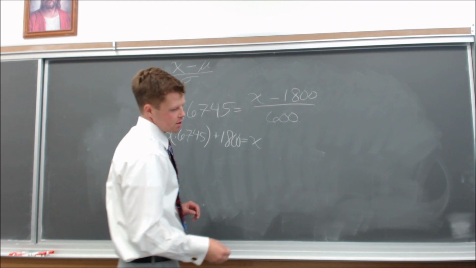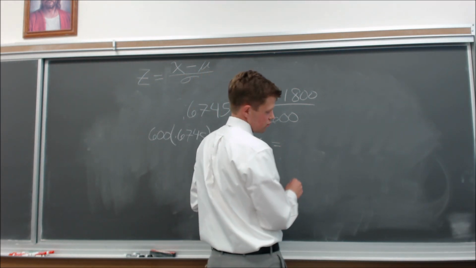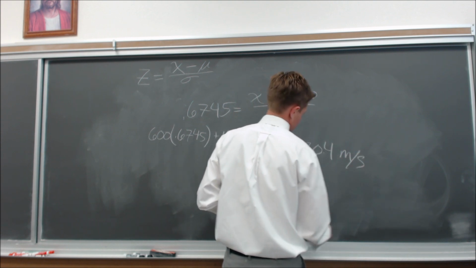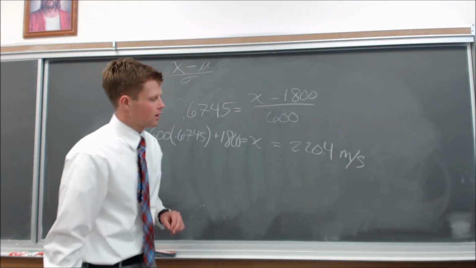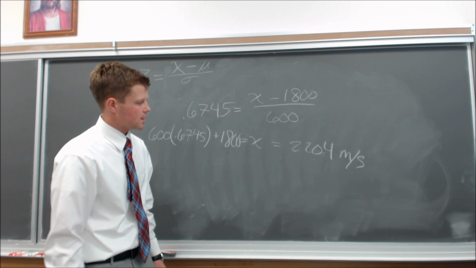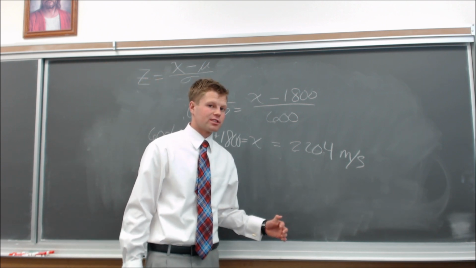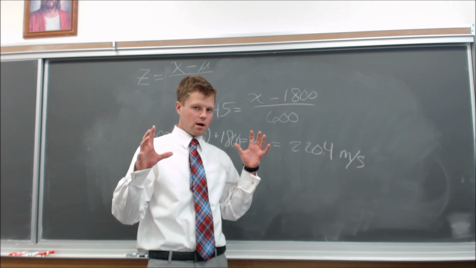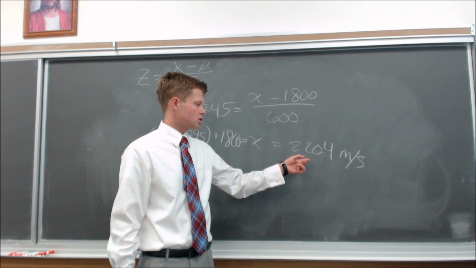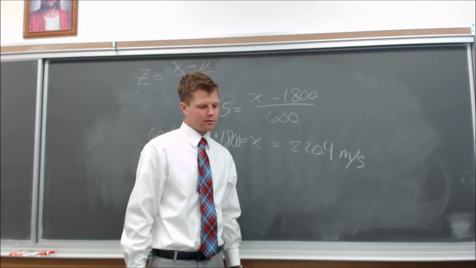Plug that into your calculator and you get x equal to 2,204 meters per second. Okay, now remember that represents the third quartile, and that means that 75% of the particles are as slow or even slower than 2,204.